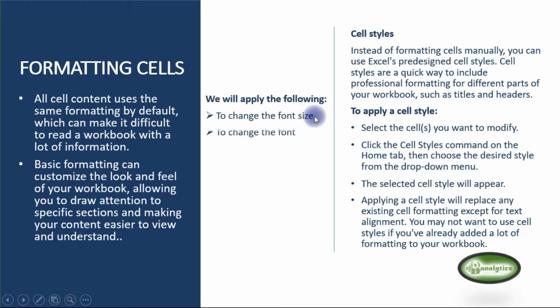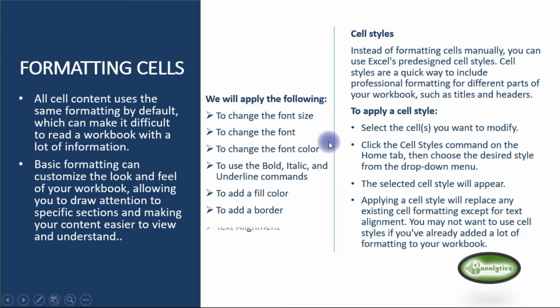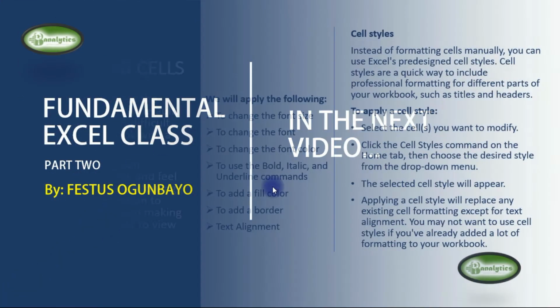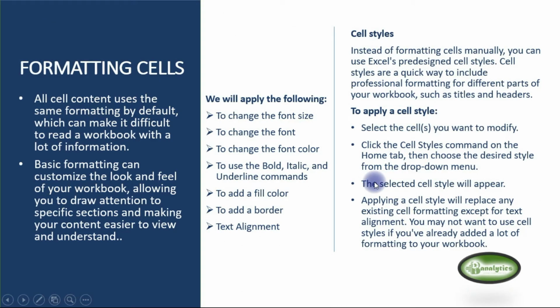We're going to change font size, change font color, add a fill, add a border, and text alignments. I'll just do the general cells, and then I'm going to talk to you about cell styles, where you don't want to manually fill each of them, but there are cell styles that can just be added.